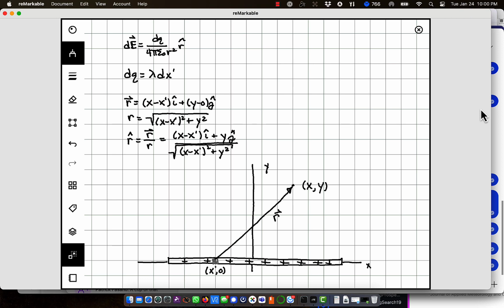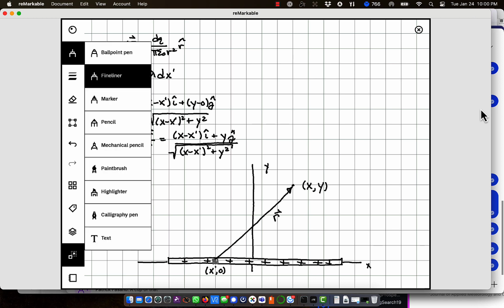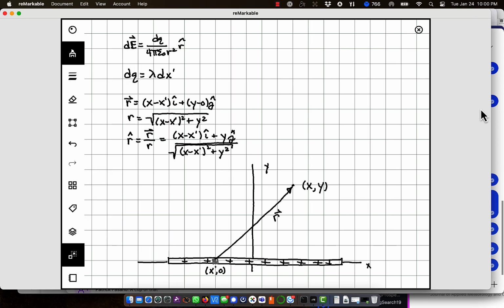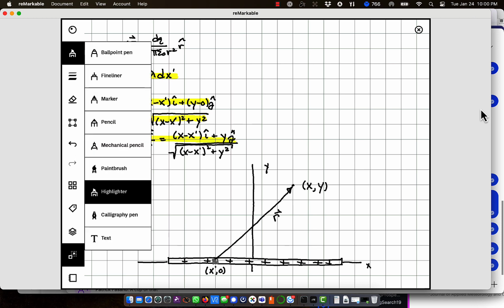So look, I have everything now to set up the problem, to do all the physics. Let's highlight what we have: dq is lambda dx prime, r vector, r magnitude, r hat, everything we need for that dE vector.